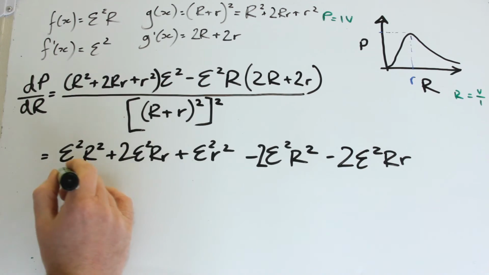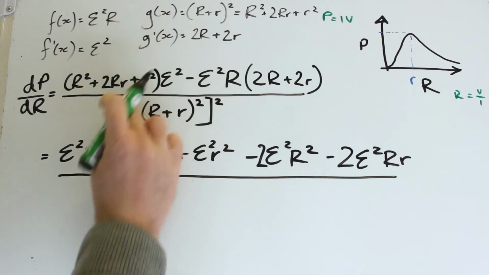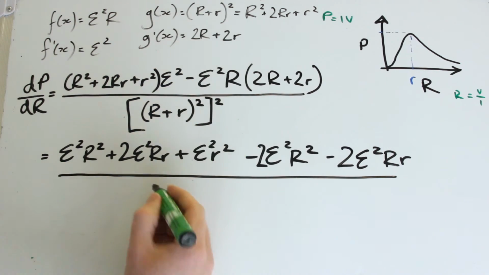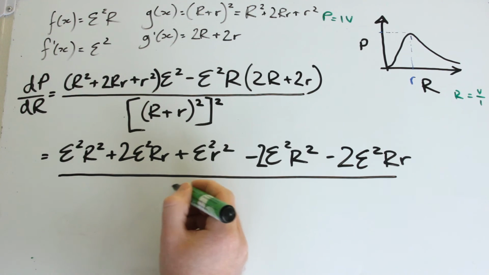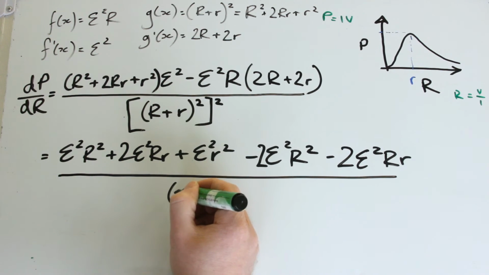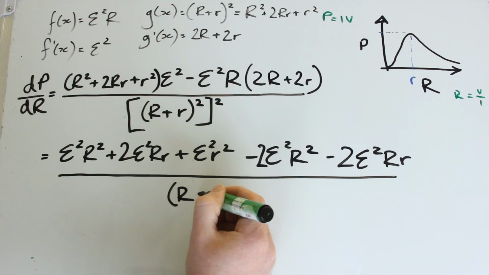Okay, and remember that is all over this here, and here I can just add the indices. So we'll multiply the indices.